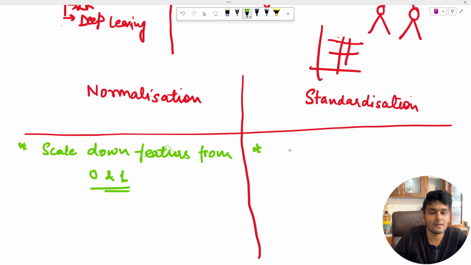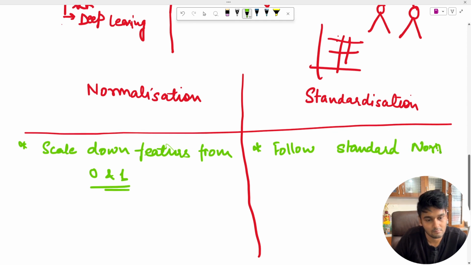However, in standardization, we follow the standard normal distribution, which means that all the features will be scaled down such that their mean is equal to 0 and standard deviation is equal to 1, right?